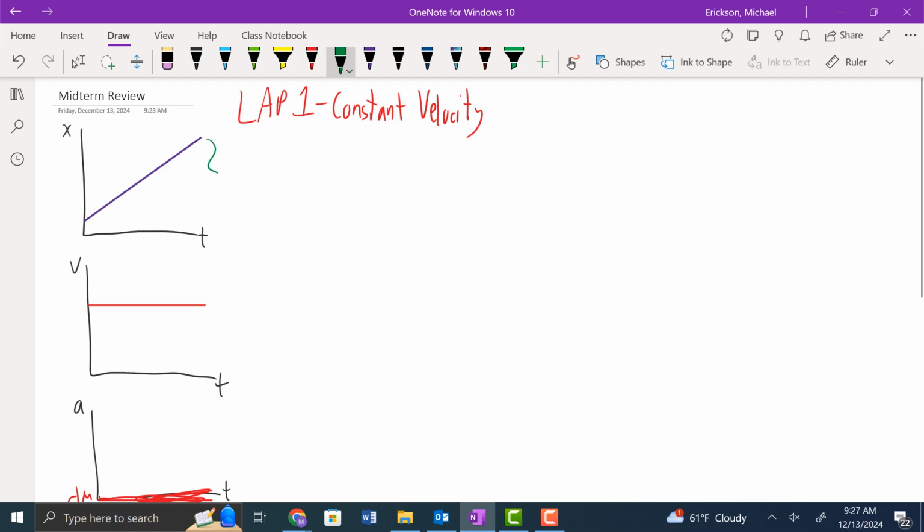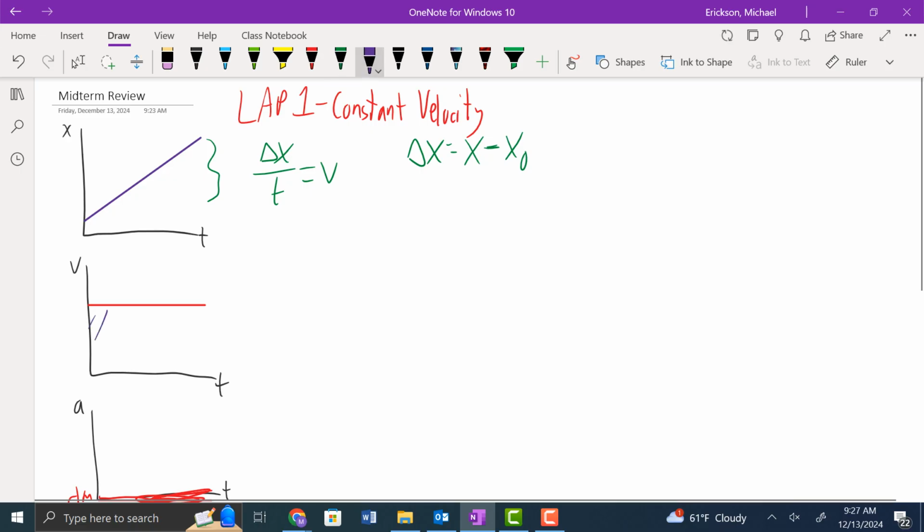So this slope here, which, if you were to solve this, would be delta x over t. That is equal to velocity. So when I say delta x, what I mean by that is, whenever you have delta, it's final minus initial, so it would be final x minus initial x. Final position minus initial position. That's how you get the velocity here.